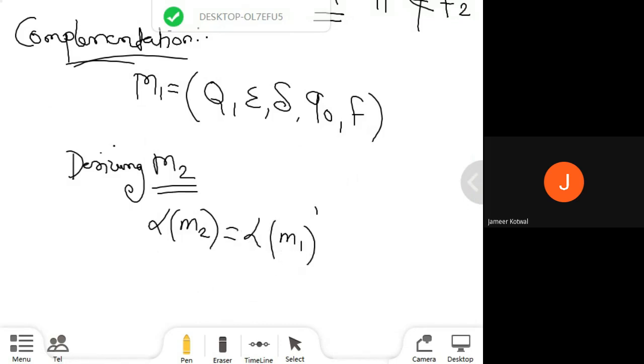This one is a symbol which represents the complement. So what changes are you going to do? That is the final states. Every final state from machine M1 you are going to make a non-final state, and a non-final state you are going to make a final state. Simply, that's the concept of complementation.